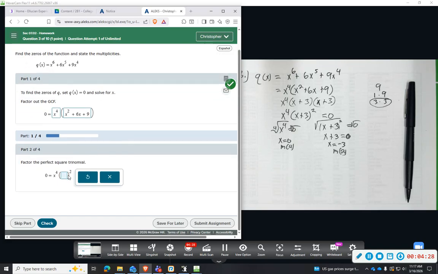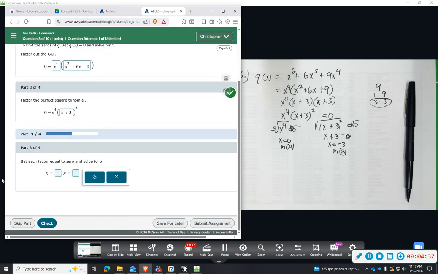And then it wants us to factor the perfect square trinomial. We got x plus 3 when we factor that. And then it wanted us to set each factor equal to 0 and solve for x. So doing so, we got 0 and -3.